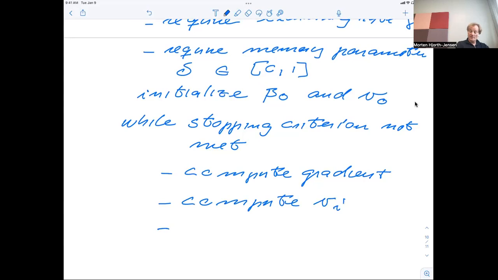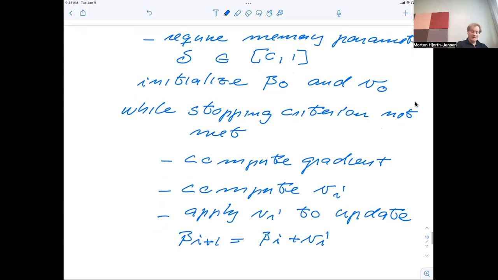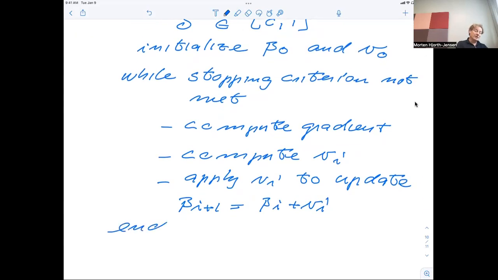And then when you have v, you apply v of i to the update: beta of i plus 1 is equal to beta of i plus this term v of i. And this is the end while. So it's pretty easy to implement. So this is the standard momentum gradient-based descent.